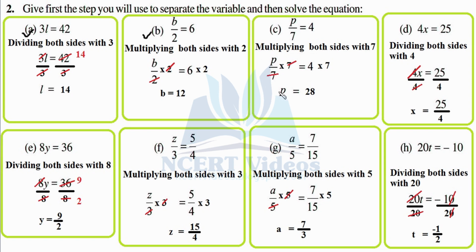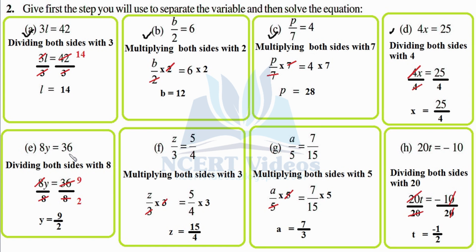Cancel, b separated, 7 fours are 28. D, 4x equals 25. Now it is multiplication, so we have to introduce division, dividing both sides by 4, here 4, here 4, rest same, 4 4 cancel, x is separated, 25 by 4, so we will leave it here only.